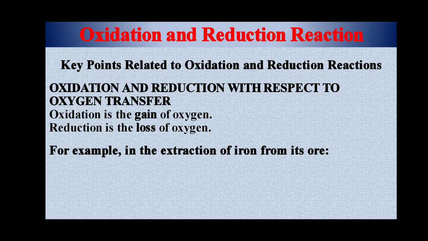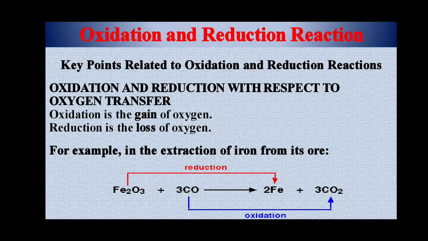For example, in the extraction of iron from its ore, you can see here Fe2O3, that is ferric oxide. Here you can see Fe, that means the O3 oxygen is removed, and that is why it is the reduction process.